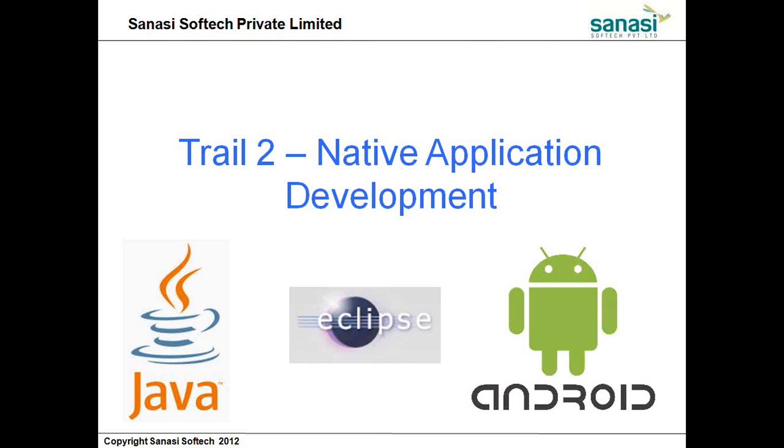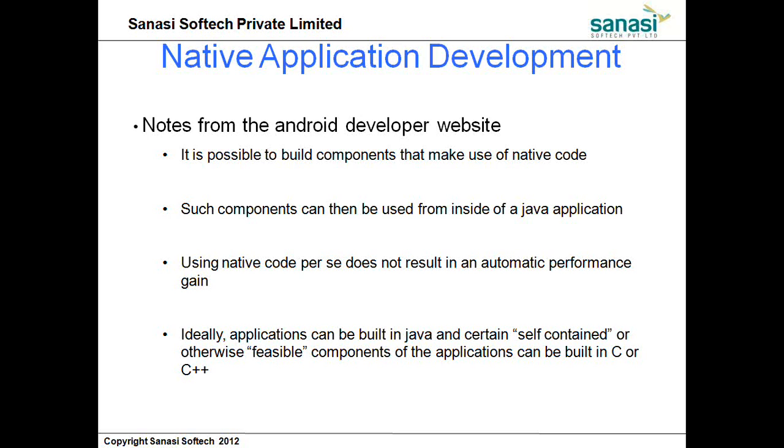So in this case, here are a few notes which I have obtained from the Android developer website. So what exactly do we mean by native applications for Android? The point is that you can build certain pieces of code that you might want to write in C or C++ for certain reasons.